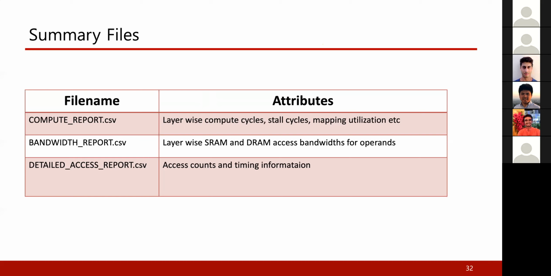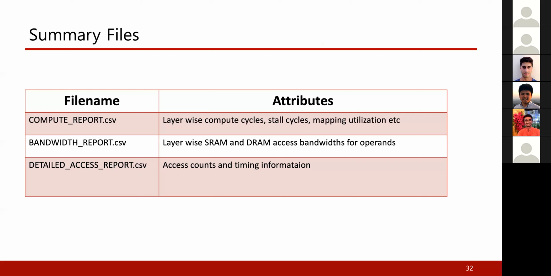This is a little bit more information than what you get on the console. And then the detailed access report gives you detailed information about how many accesses have been done to each buffer by each of these memories, what the timing of those transactions were, and so on and so forth.